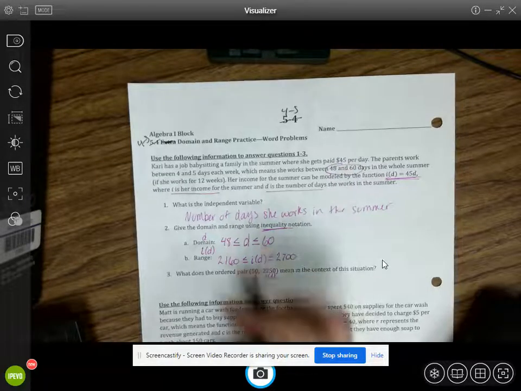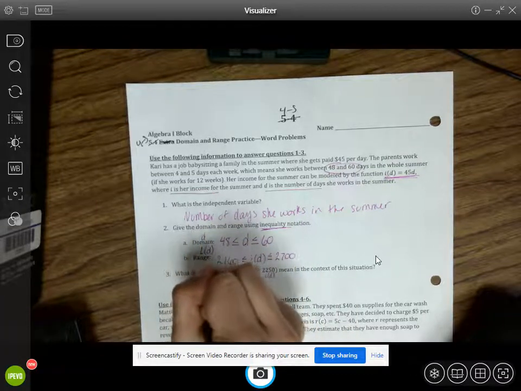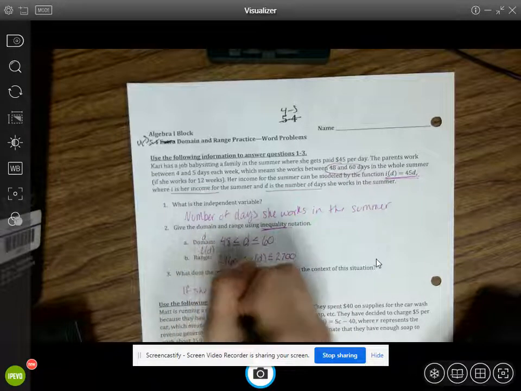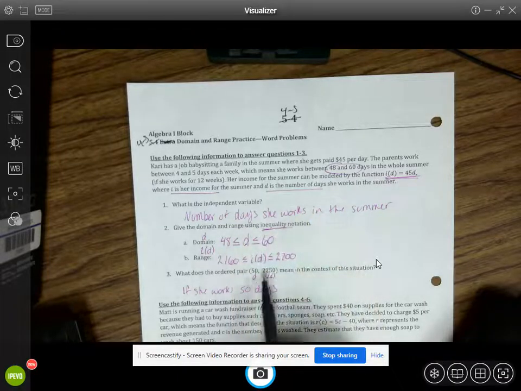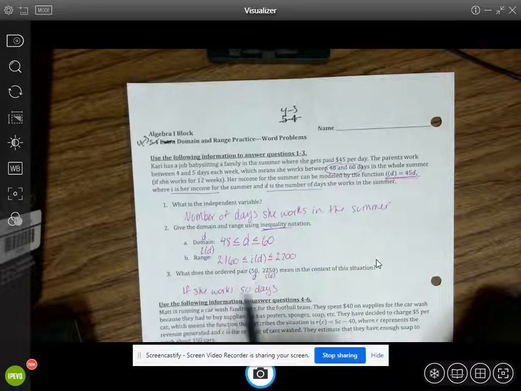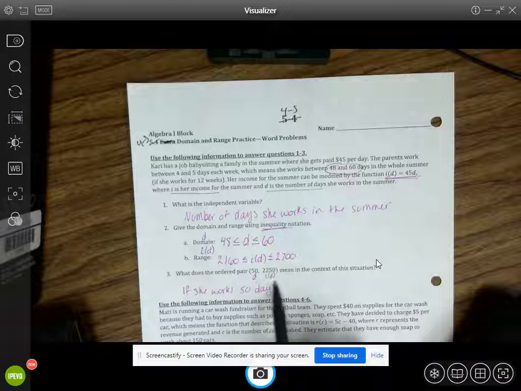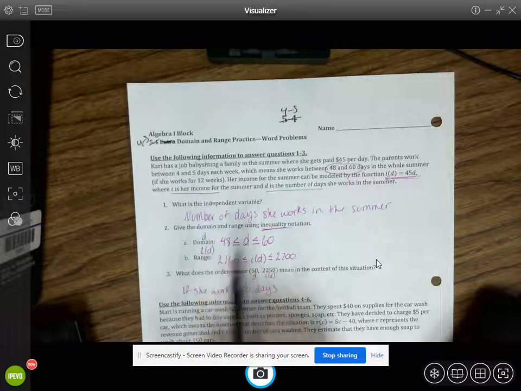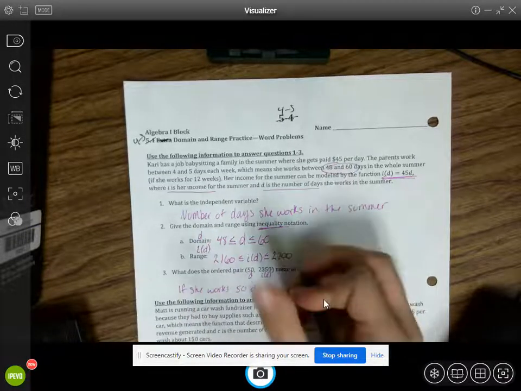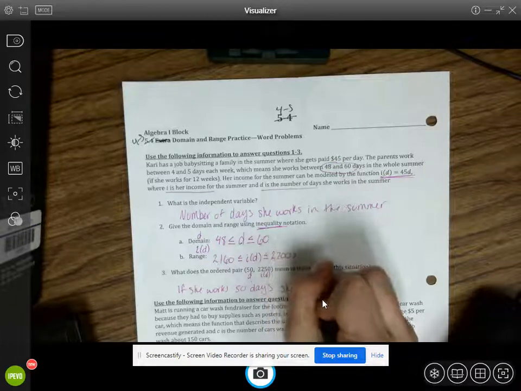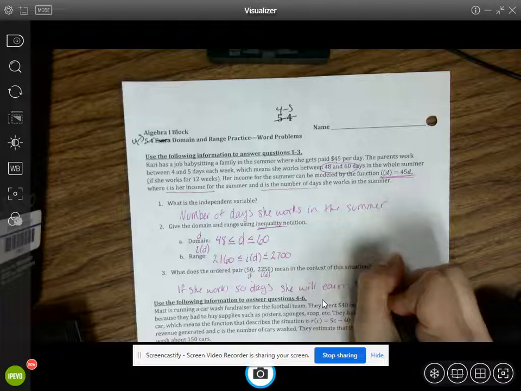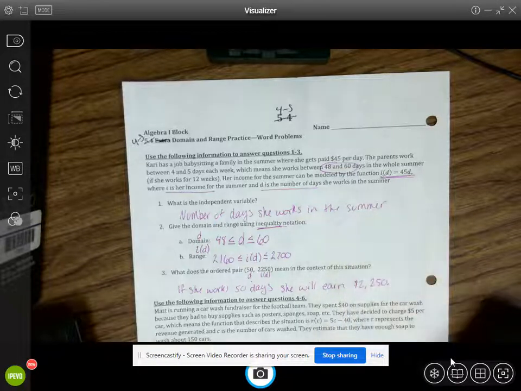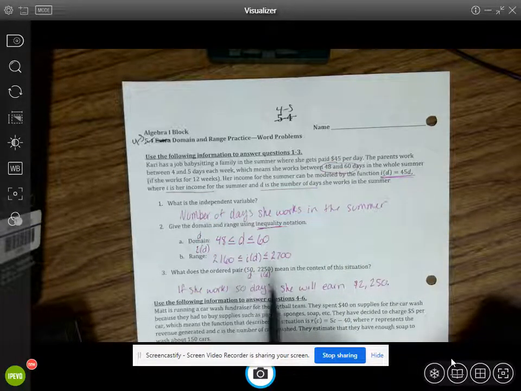So this says if she works 50 days, that's this part. If she works 50 days, this I of D is her income. So if she works 50 days, she will earn $2,250. That's what this means in terms of our problem.